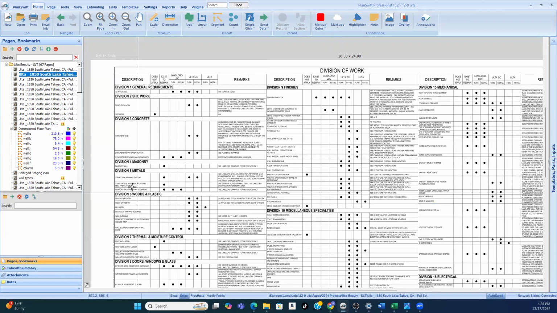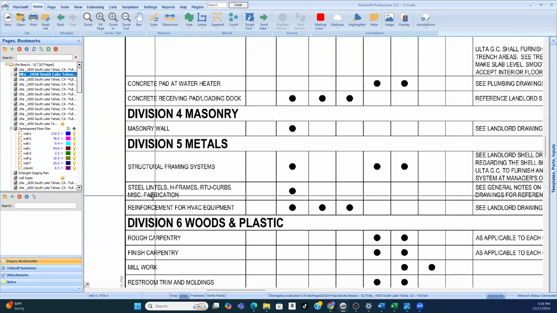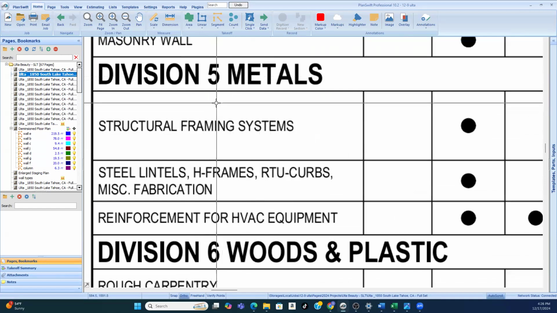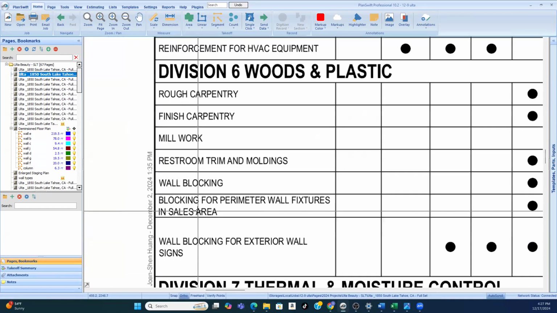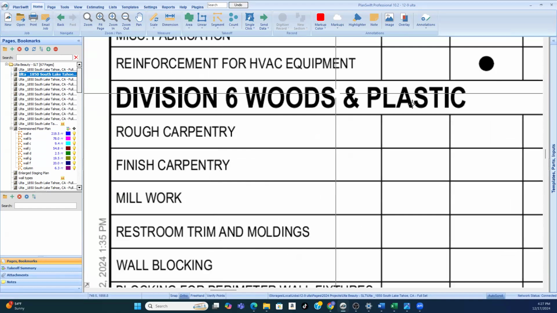Okay, but then again, if you're doing framing, if we have light metal framing, well then you've got to look in Division 5 because that's metals. If we're doing wood framing, blocking and all that millwork, which we do, you see we have it all as part of the project, then you need to review Division 6, which is woods and plastics.